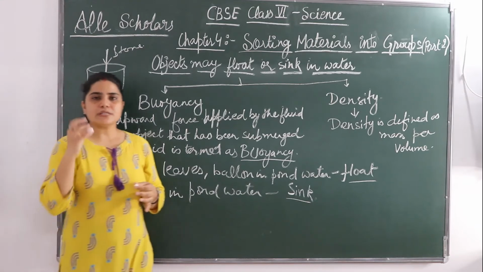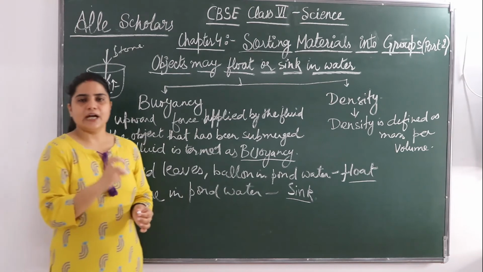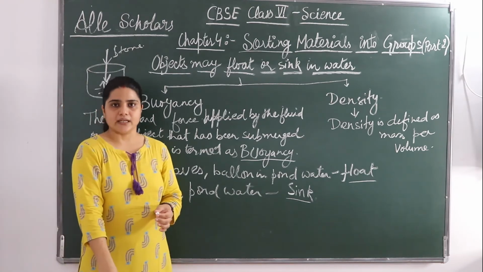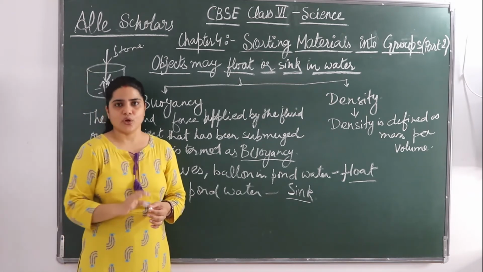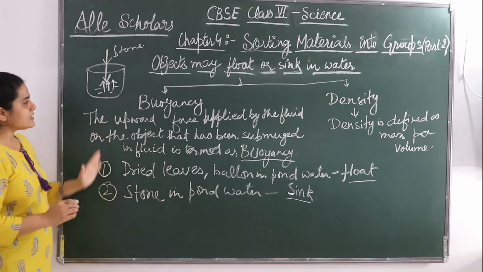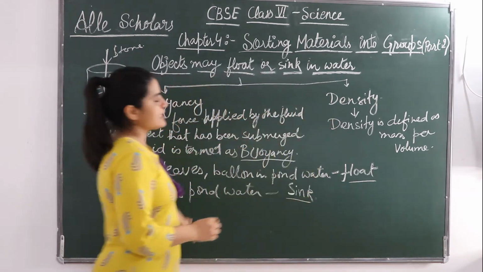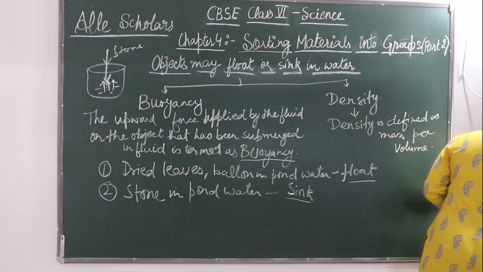Suppose anything is thrown in water: if the density of that object is higher than the water, it is going to sink, and if it has a density lower than the water, it is going to float on the water. Okay, so on the basis of buoyancy and on the basis of density, objects can float or objects can sink. Fine?